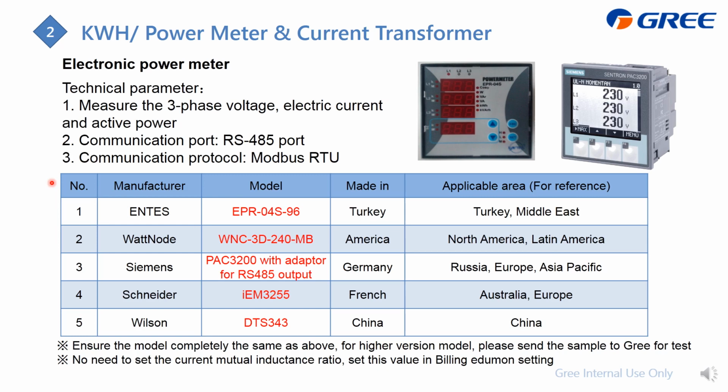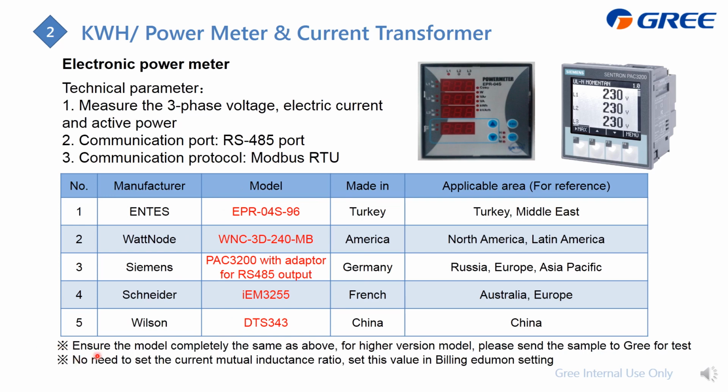The requirement is that it can measure 3-phase power supply, with an RS485 port. The protocol is Modbus RTU. Currently, Gree has already developed these 5 power meters. You need to purchase or prepare the power meter exactly following this model.